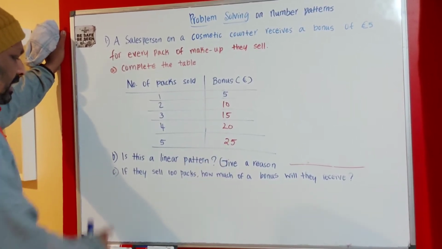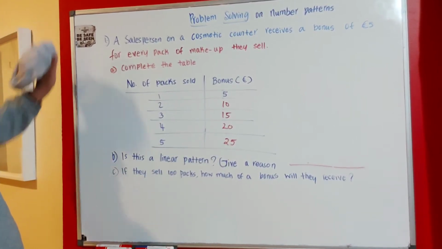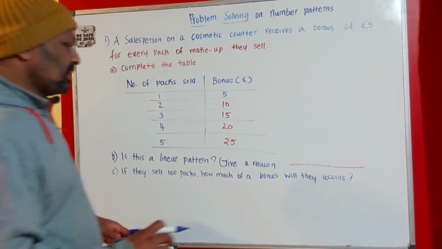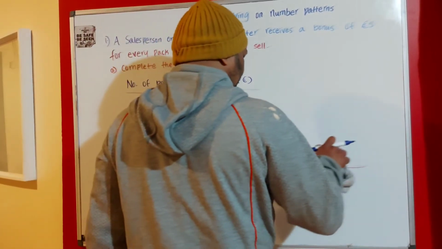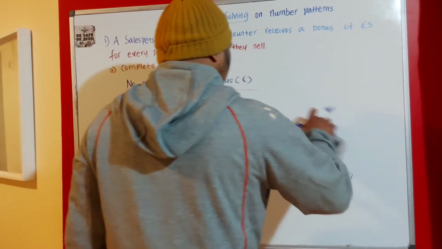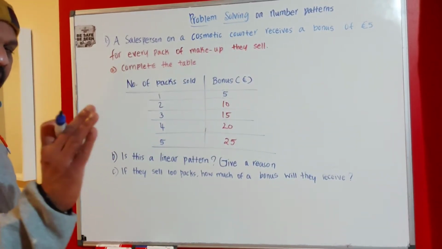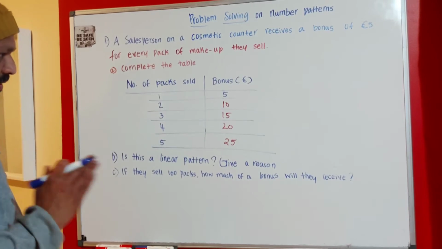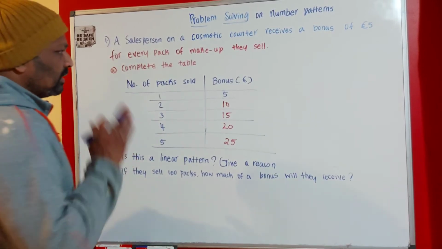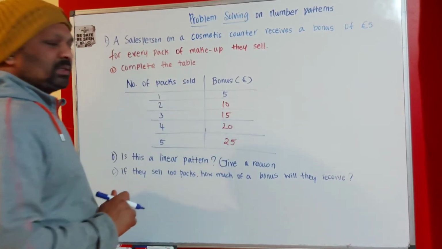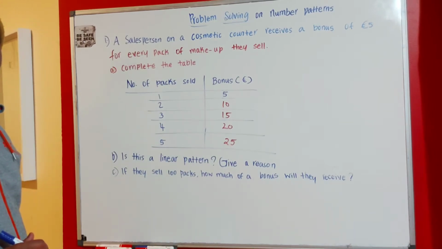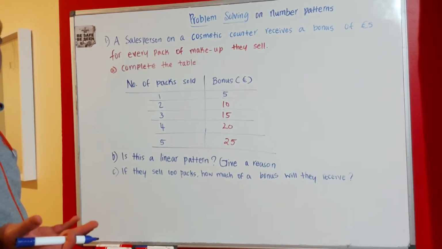Is this a linear pattern? Give a reason. This is a linear pattern because it is following an arithmetic series, and not only that, if he sells 0 packets, how much bonus is he going to get? 0.